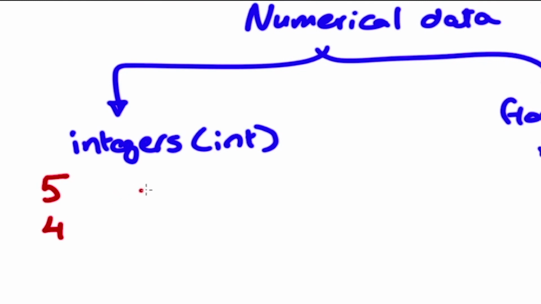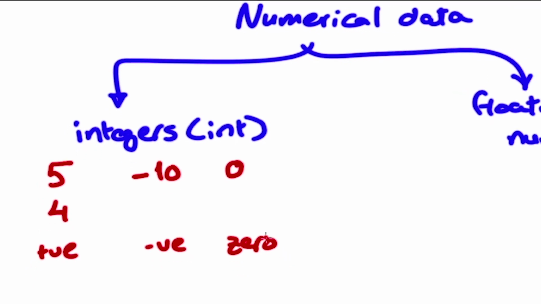And also negative numbers: the number negative 10 is also an integer. It's a negative integer, but it is an integer because it doesn't have any fractional component. In addition to that, the number 0 is an integer too. So that's what an integer means. It's any whole number that doesn't have any fractional component. It can be positive, negative, or 0.